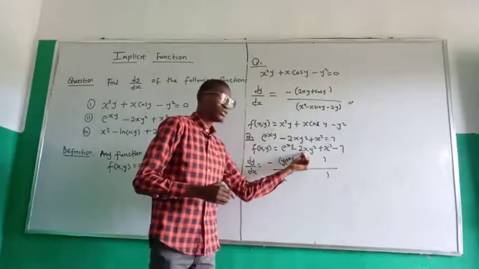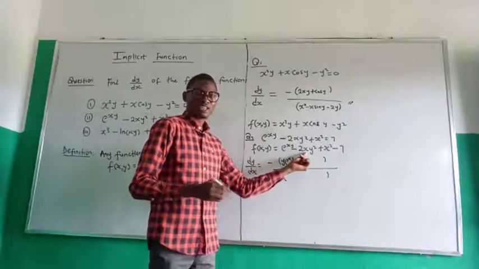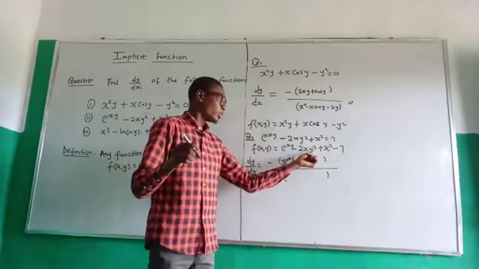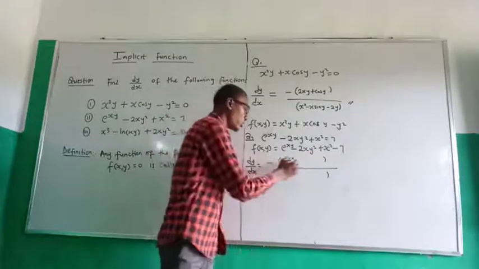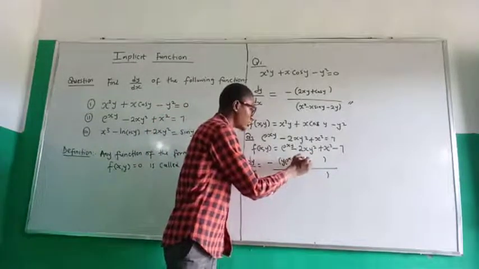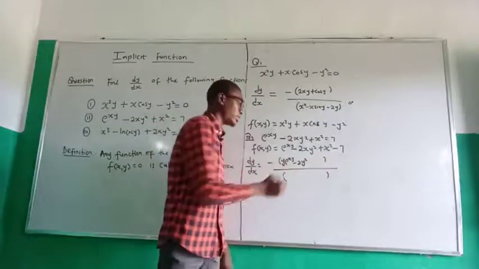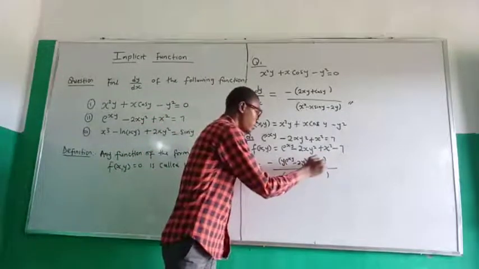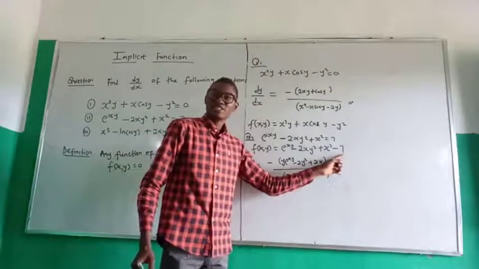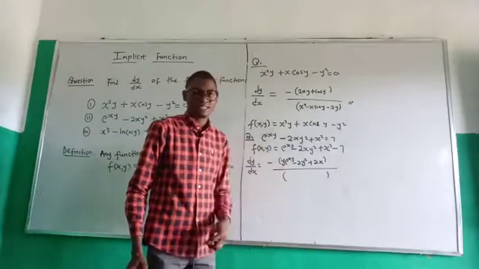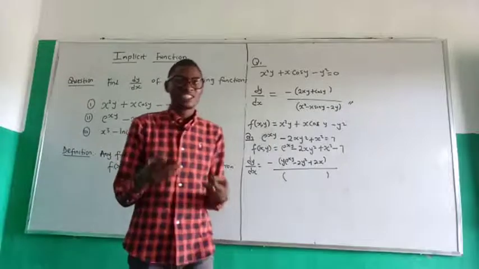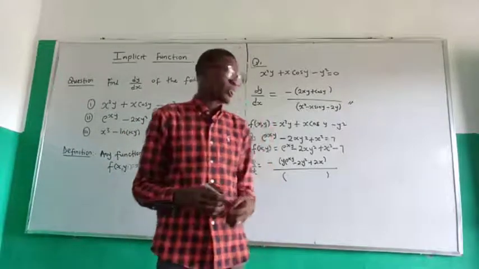If you differentiate 2x with respect to x, you are going to have minus 2, but you have y squared here. This will become minus 2y squared. Differentiate x squared, you have 2x. Do you need to differentiate this 7? No, because this 7 is constant. And don't forget that when you are differentiating a constant, you are going to have 0.